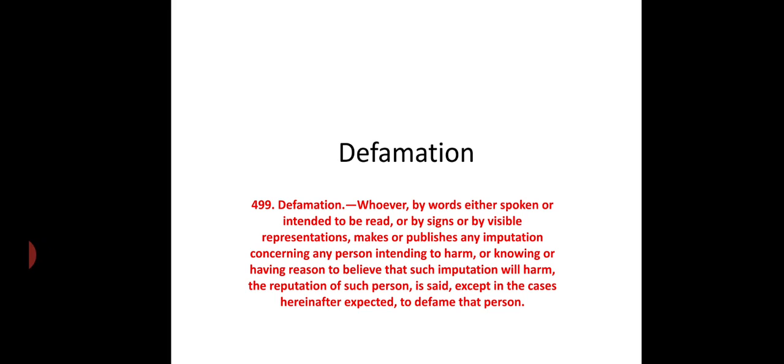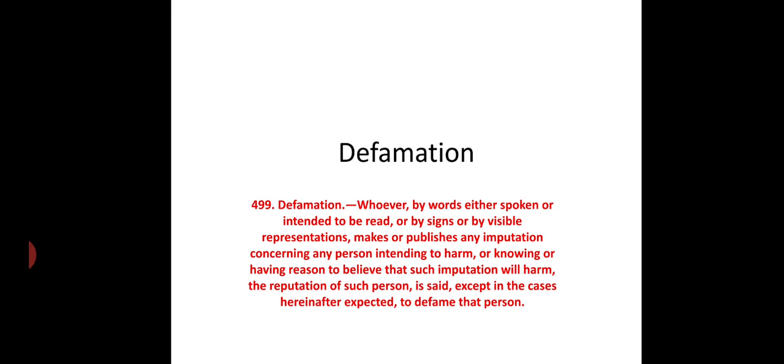In the Indian Penal Code, spoken words also furnish grounds for criminal action. In the Indian Penal Code, the word defamation has been used to denote what is known as libel and slander under English law. The words visible representation include every possible form of defamation which ingenuity can devise.